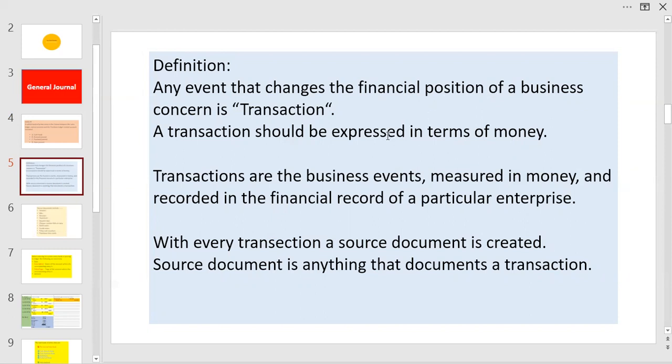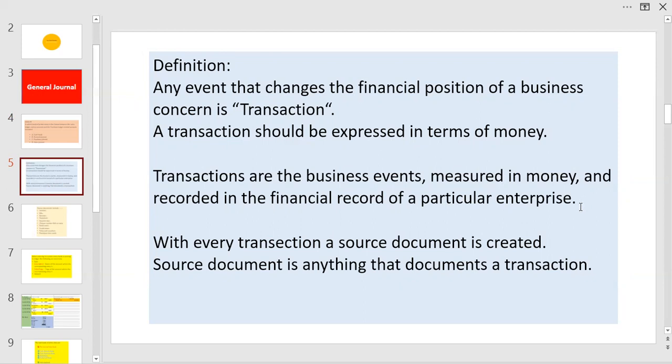Next, we should be able to express that in terms of money. For an example, rain, flood, these are big events, but since they cannot be expressed in terms of money, they will not fall under transactions. Therefore, transactions are the business events measured in money first and recorded in the financial record of a particular enterprise.